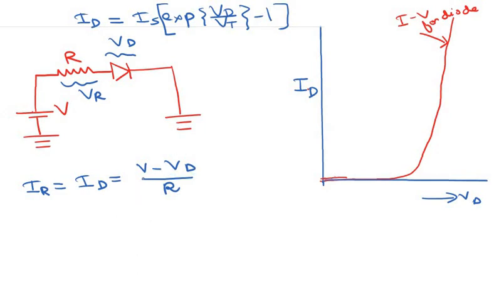In a simpler format, this is VR by R, where VR is the voltage drop across the resistor, equal to the DC voltage V minus the voltage drop across the diode Vd, divided by R.